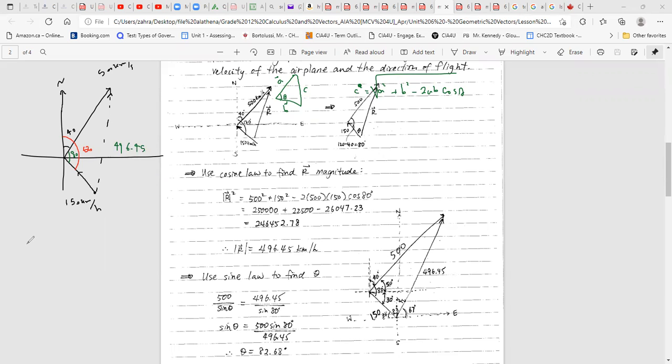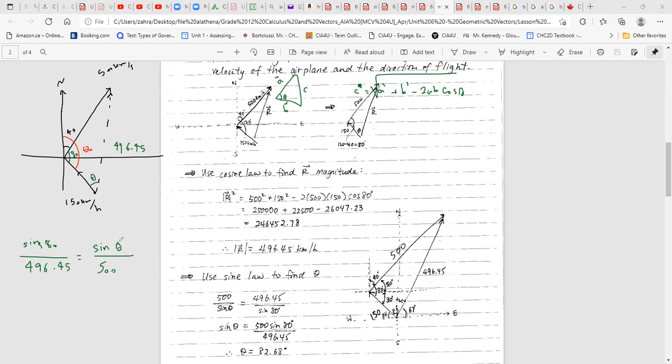Use the sine law: sine of 80 divided by the opposite side, 496.45, is equal to sine theta, the angle I'm going to find, divided by the side opposite to that, which is 500.